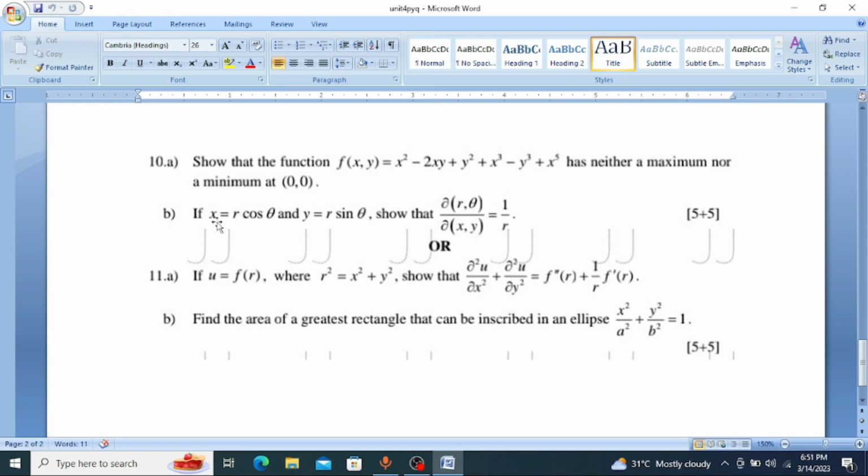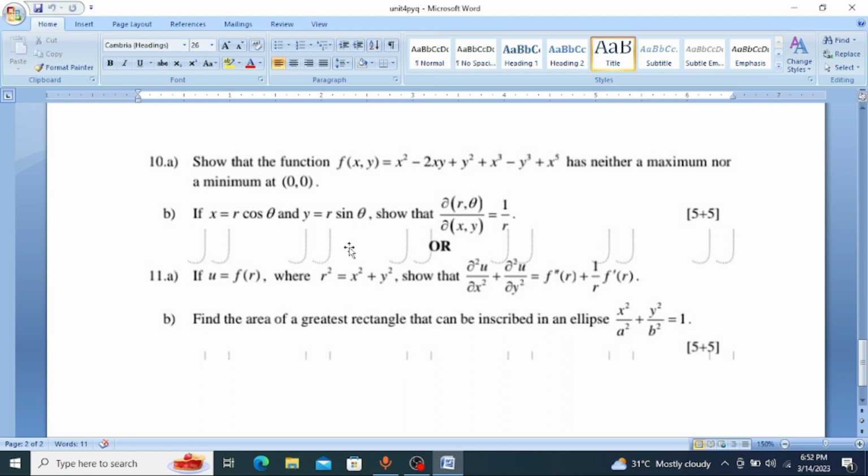For this, do x² plus y². Squaring and adding these two equations, you will get x² plus y² is equal to r² cos² theta plus r² sin² theta on the right hand side, and on the left hand side you will have x² plus y². So from the two equations, you will take r² as common. You will get r² of (cos² theta plus sin² theta). So cos² theta plus sin² theta is 1. So r² of 1 is r². So x² plus y² is equal to r².